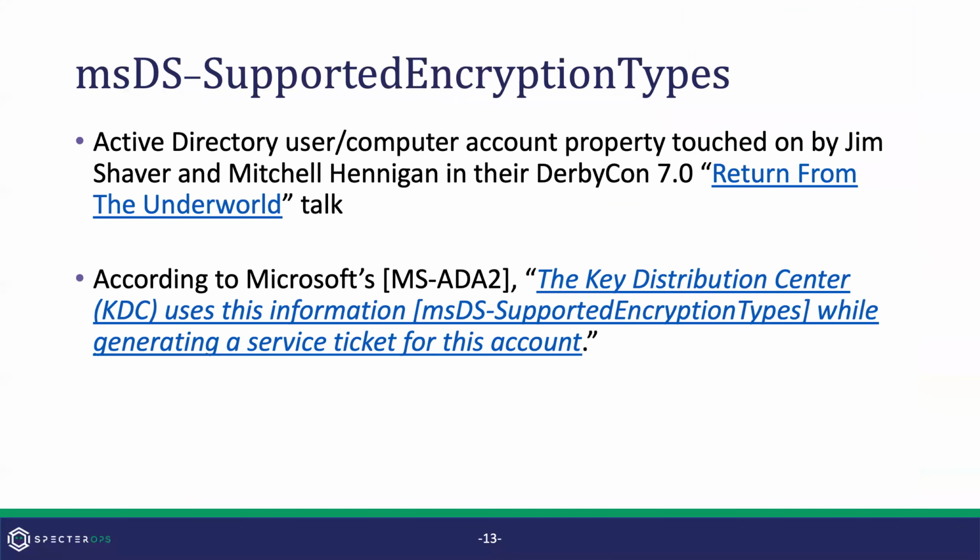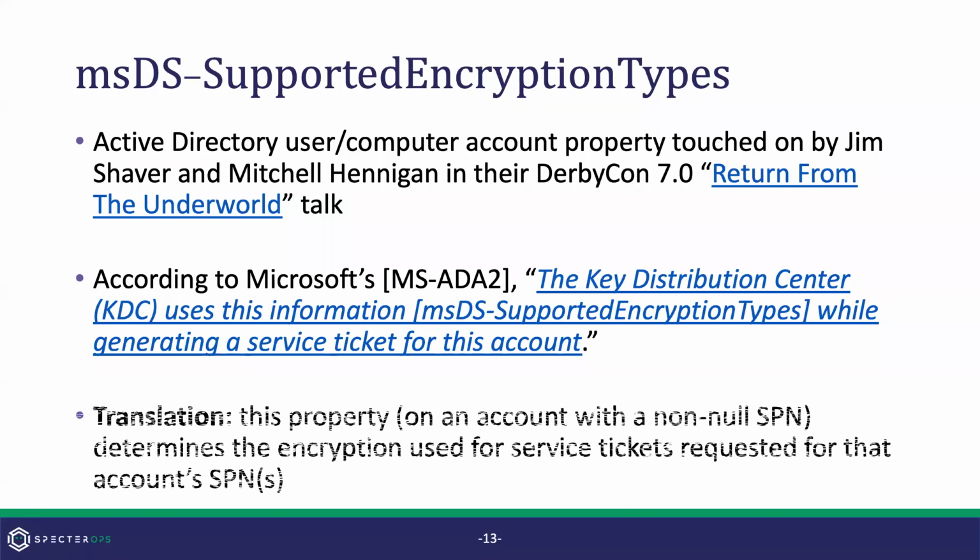And according to Microsoft's documentation, which Microsoft has extensive documentation on most things, so this is MS-ADA2, they say that the key distribution center, KDC, as a side note, in the Active Directory world the KDC is almost always just the domain controller, uses this property, msDS-SupportedEncryptionTypes, while generating a service ticket for this account. So, translation, this property on an account with a non-null SPN determines the encryption used for service tickets requested for that particular account's SPN.